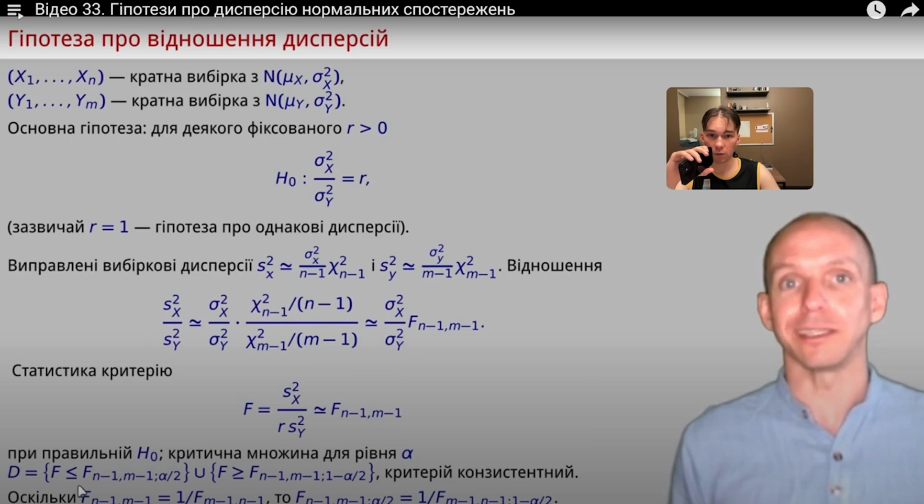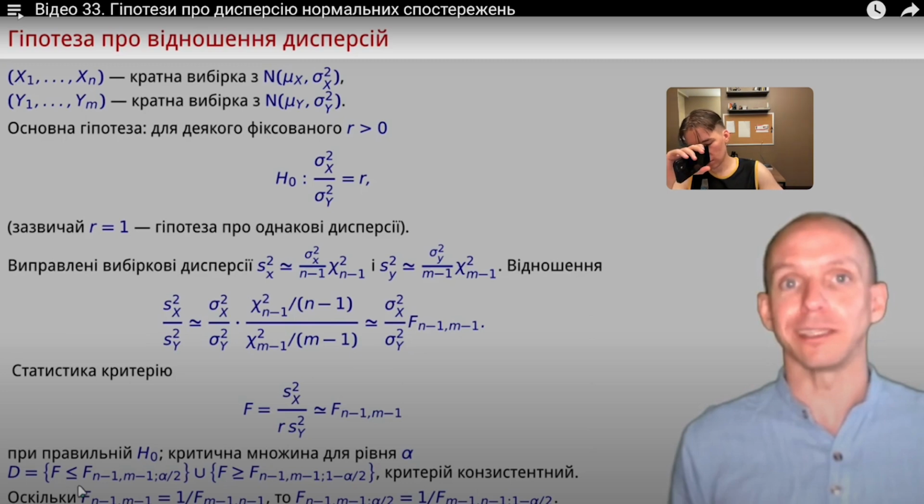So now we say that the ratio s squared x to s squared y has the same distribution as sigma squared x over sigma squared y times chi squared n minus 1 over chi squared m minus 1.